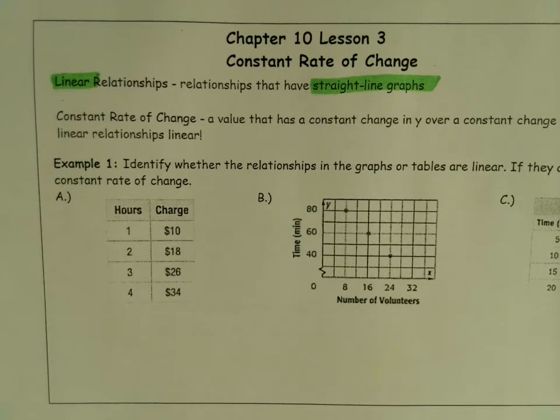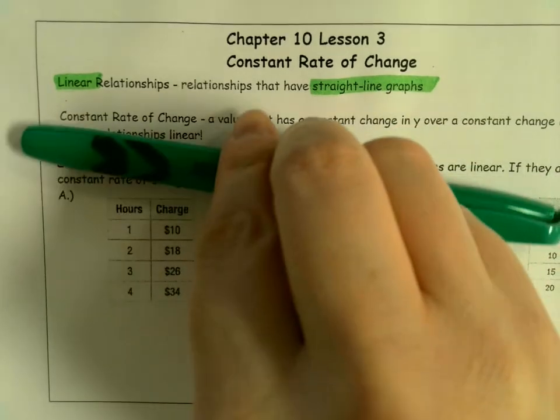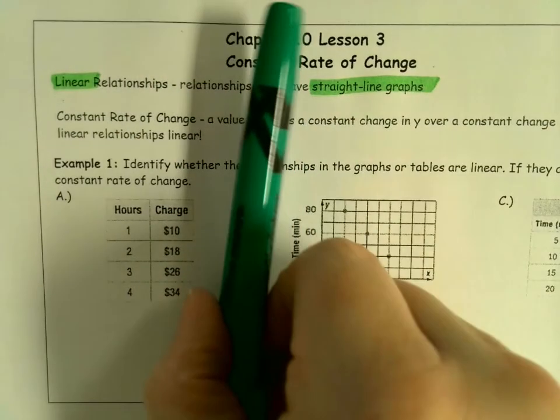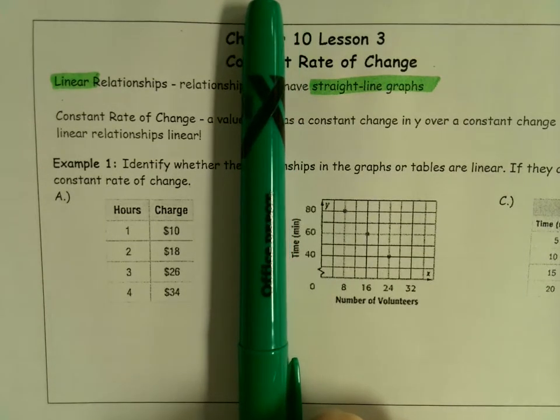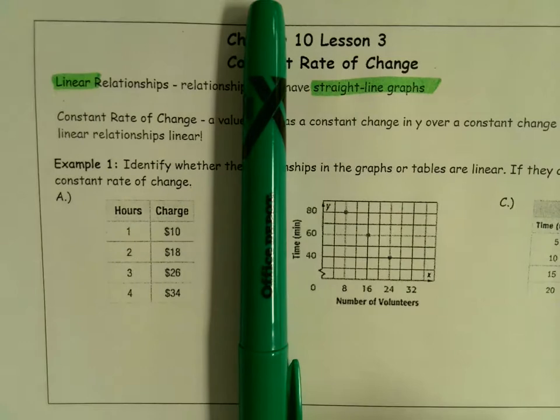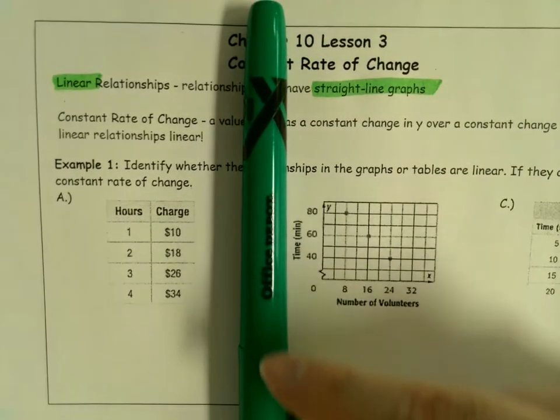Okay, it could be at a diagonal, it could be horizontal. Can a linear function be vertical? No. A linear function cannot be vertical because remember, if it's vertical, will this pass the vertical line test? No. Remember, the vertical line test states that if you draw a vertical line, it should only pass over the function at one given point.